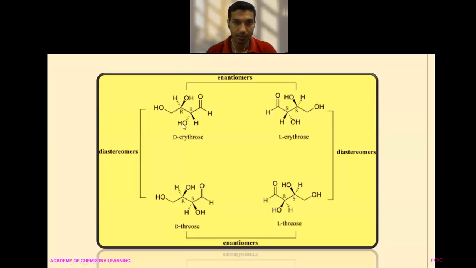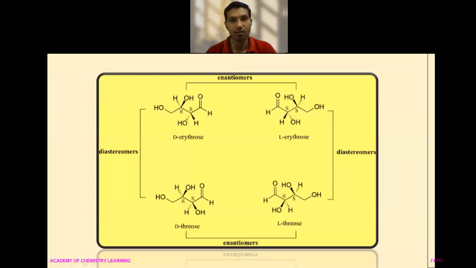Now this D-threose and D-erythrose are not mirror images of each other, so they are called diastereomers. In the same way, L-erythrose and L-threose are not mirror images of each other, and they are completely different structures, so they are diastereomers of each other.